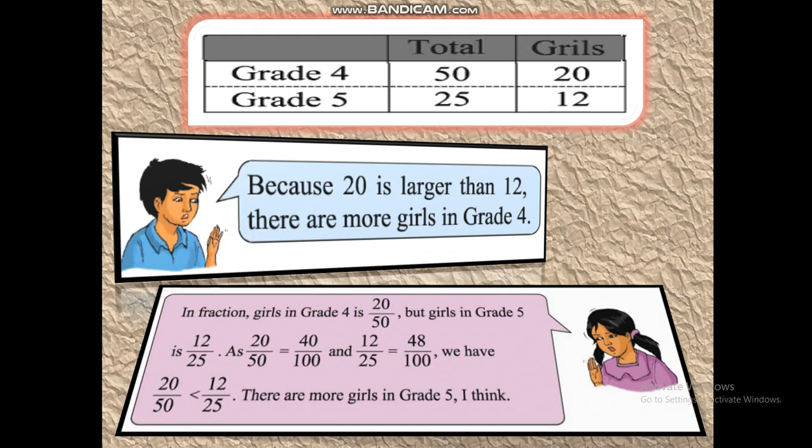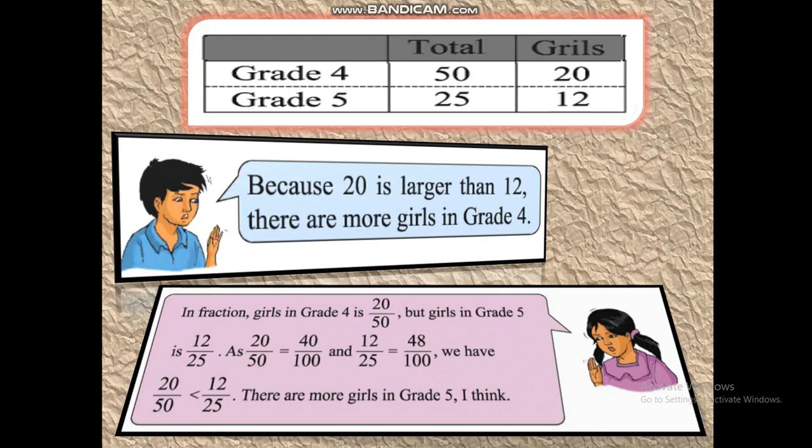On the other hand, 12 divided by 25 is also converted to denominator 100. So 25 into 4 will be 100, and 12 into 4 will be 48. That means in fraction the denominator is 100 and the numerator is 40 and 48. 48 is larger than 40, so there are more girls in grade 5.